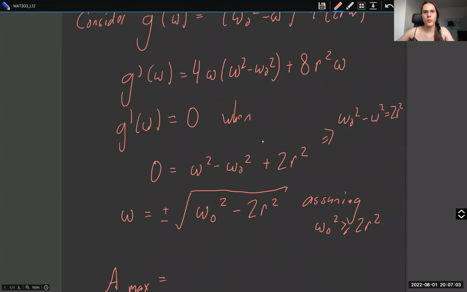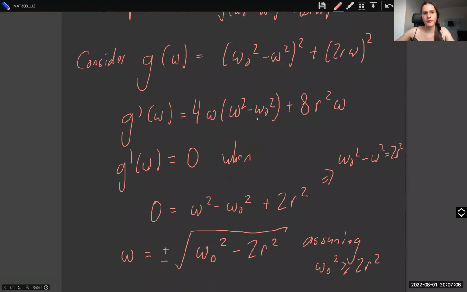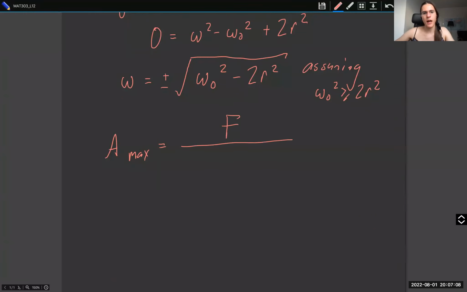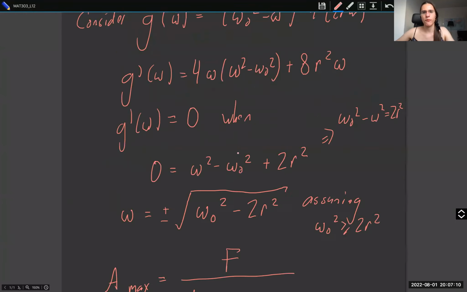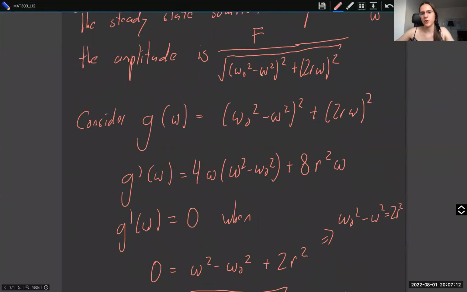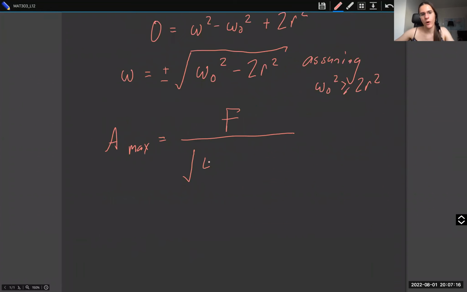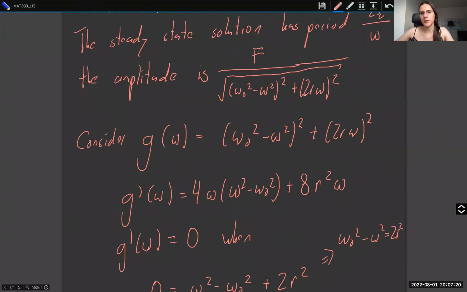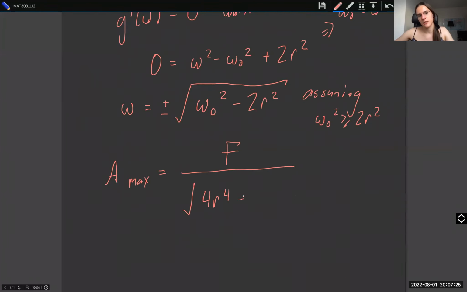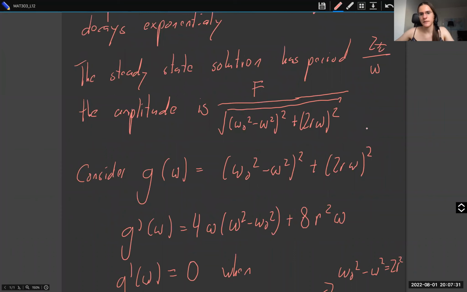So what we have is F divided by the square root of omega naught minus omega squared, which is 2R squared. So 4R to the fourth, plus 4R squared omega, and then omega squared.